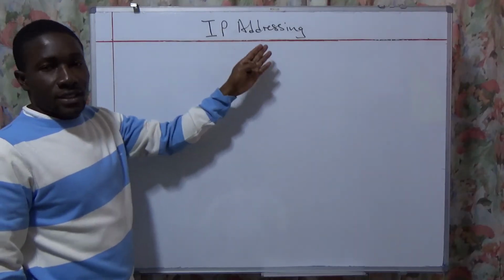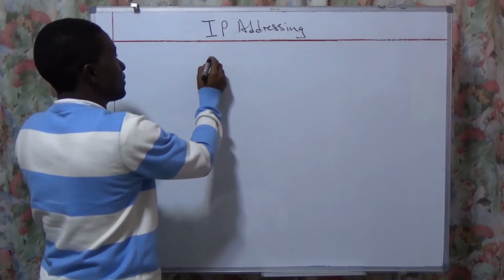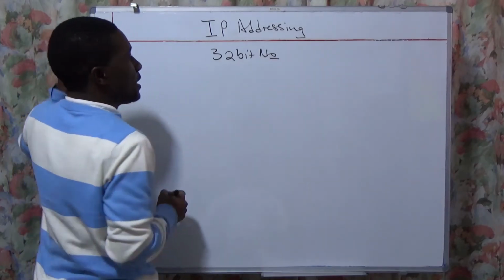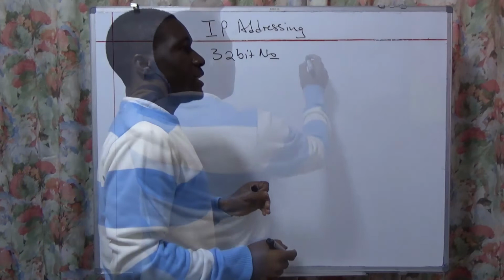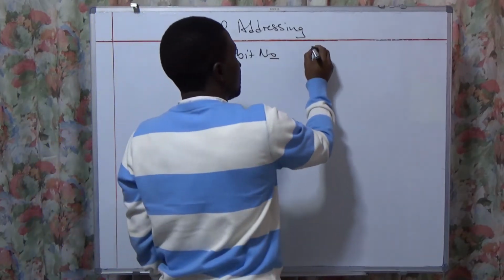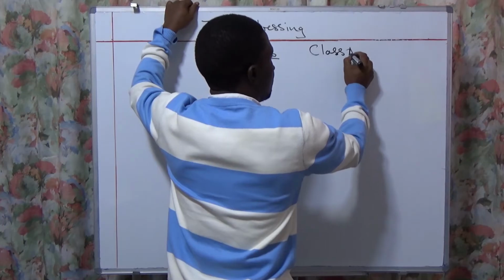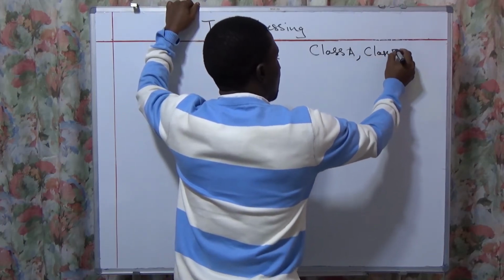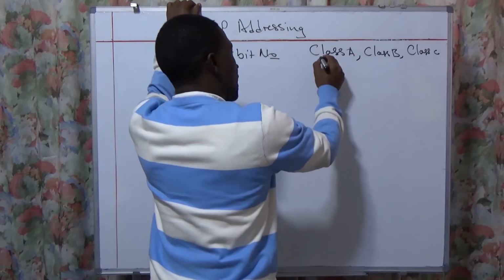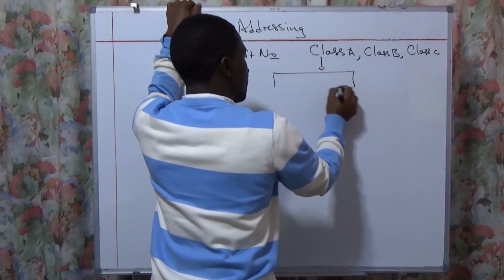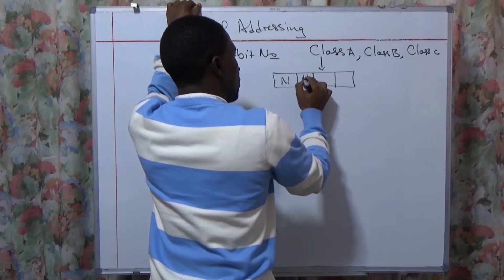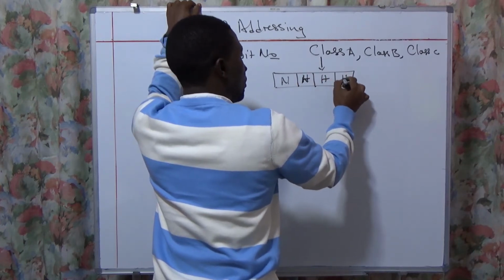So an IP address is a 32-bit number. And IP addressing is understood in 3 classes: Class A, Class B, and Class C. In Class A, we have 4 octets: network, host, host, host.